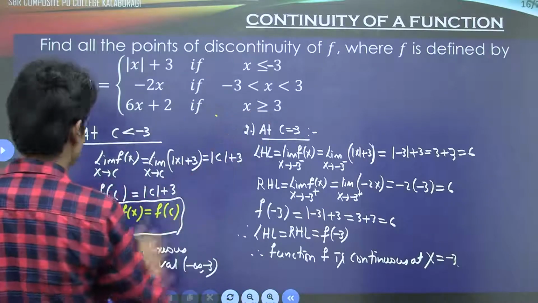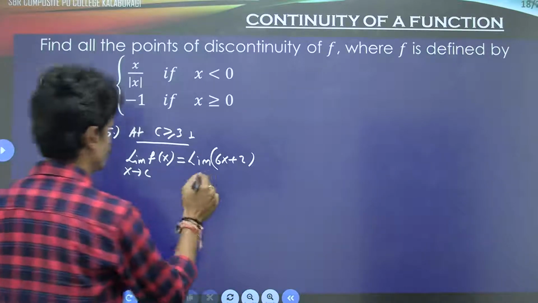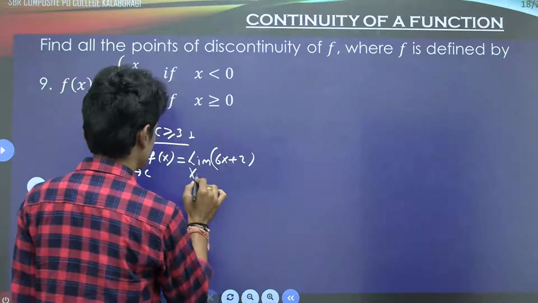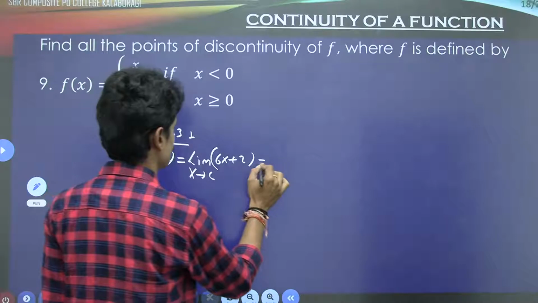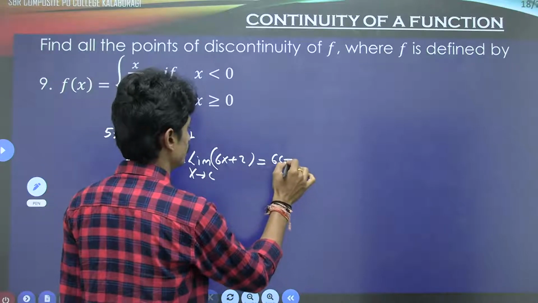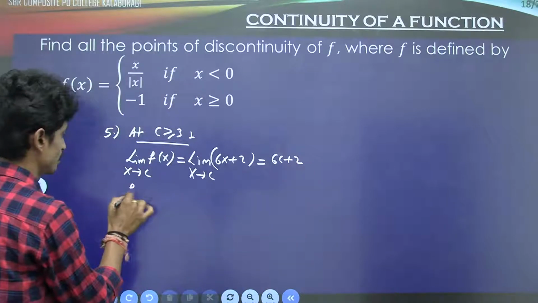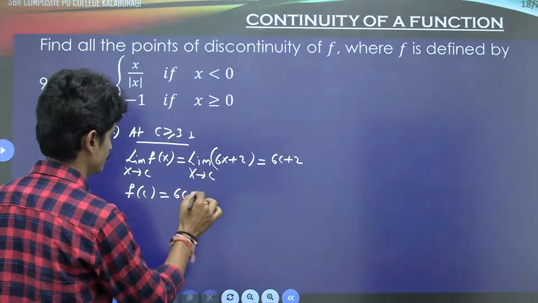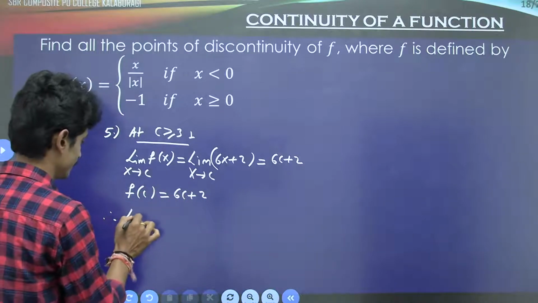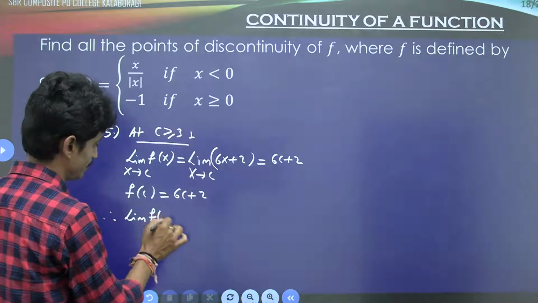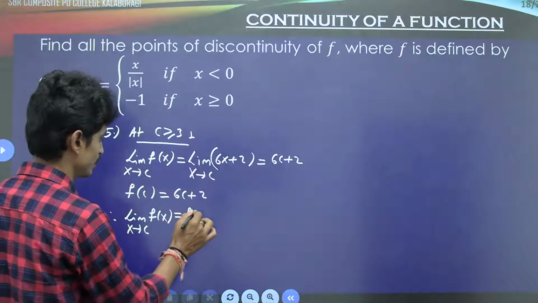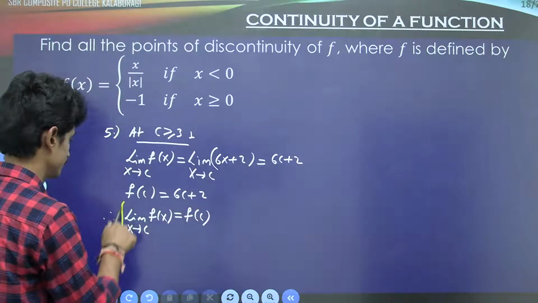6x plus 2, for x more than 3. So now I have chosen 6x plus 2, with x tending to c. Substituting here, we get 6c plus 2. Now f of c is also the same thing, that is 6c plus 2. It indicates that the limit of f of x as x tending to c is equal to f of c.